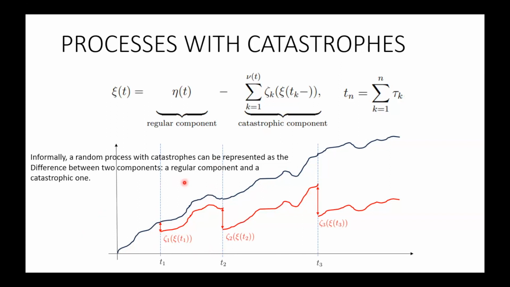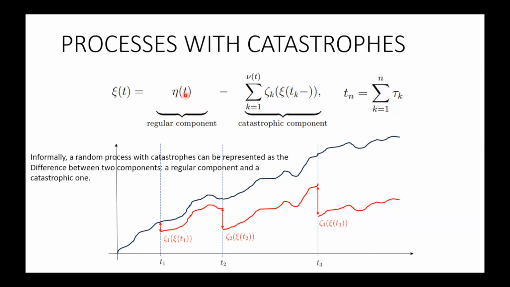This formula becomes an explicit formula when the regular component is, for example, some process with independent increments, or in our case, we consider the Poisson process.